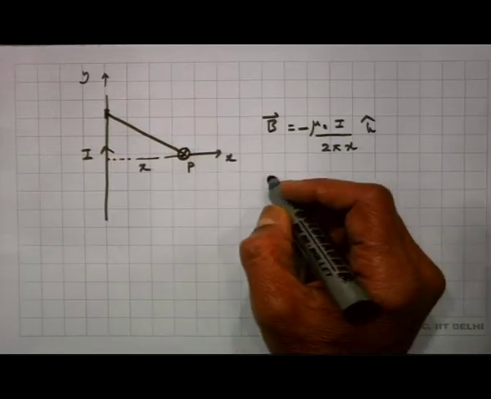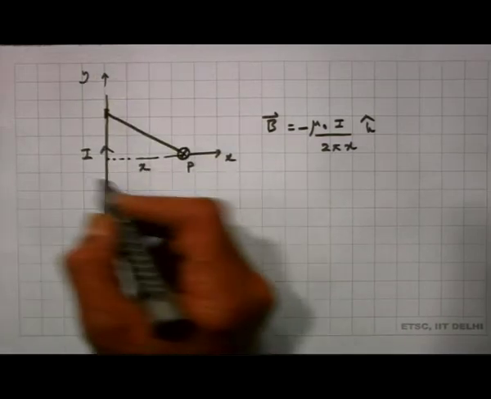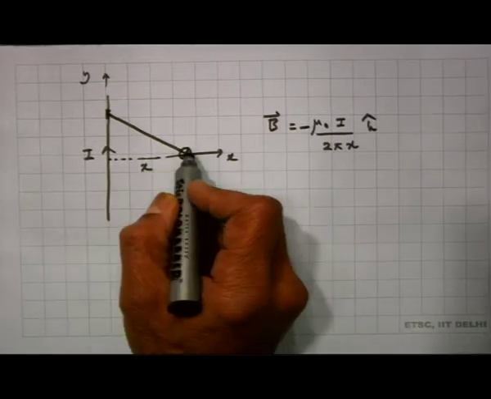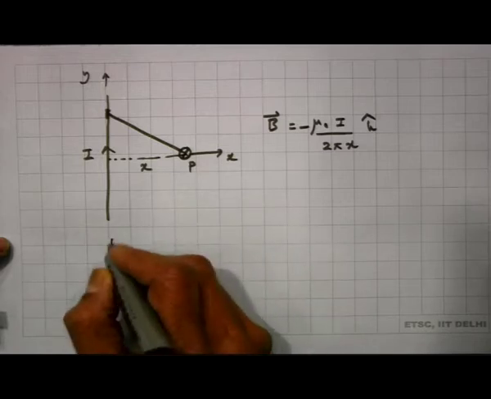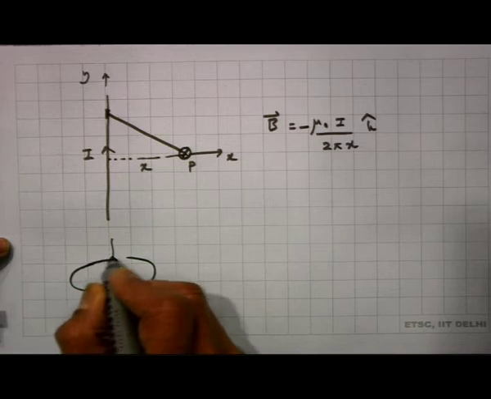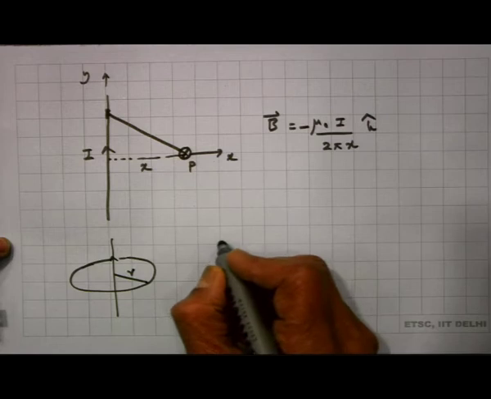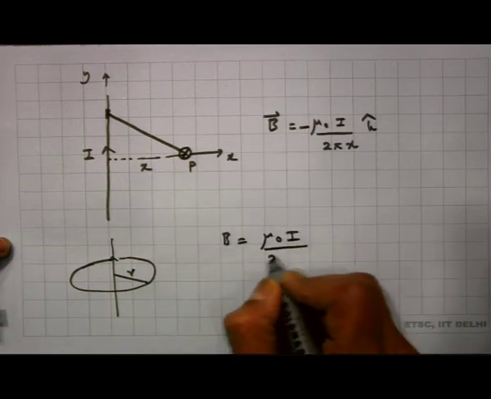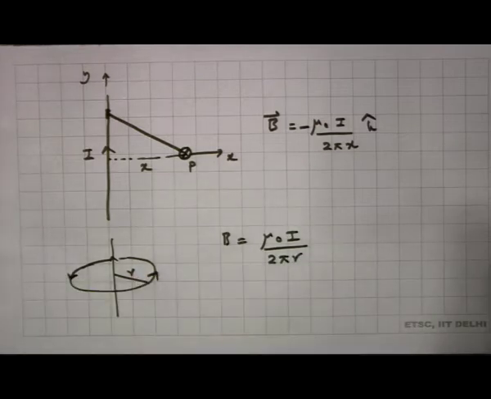Now, because of symmetry, the magnetic field will be the same at all points at the distance x from here. So we can generalize and write that if I calculate the magnetic field at any point which lies on a circle of radius r with the wire at the center, then the magnitude of B will be mu naught I by 2 pi r, and the direction of the magnetic field will be according to the right hand rule.